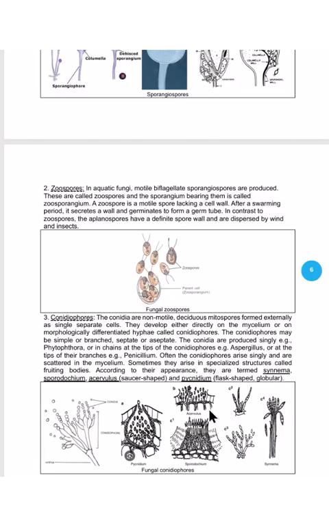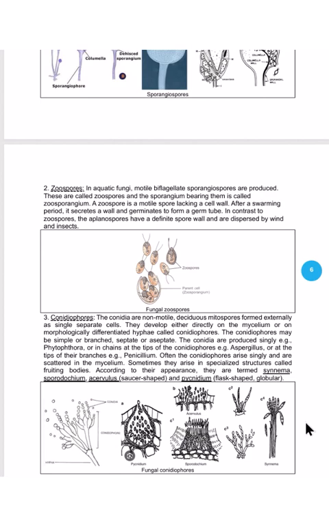Again, they divide by mitosis within the conidiophores. The conidiophores could take an elongated shape, which we call synnema, or maybe the form of a pycnidium, like this one, which is oval in shape, or a saucer shape, wide in shape, which we call an acervulus.